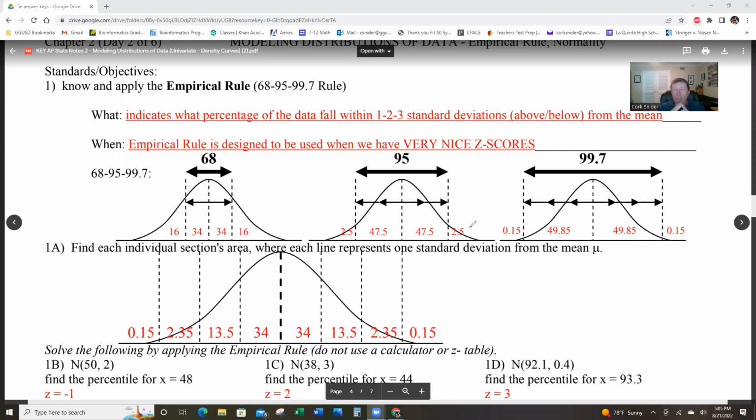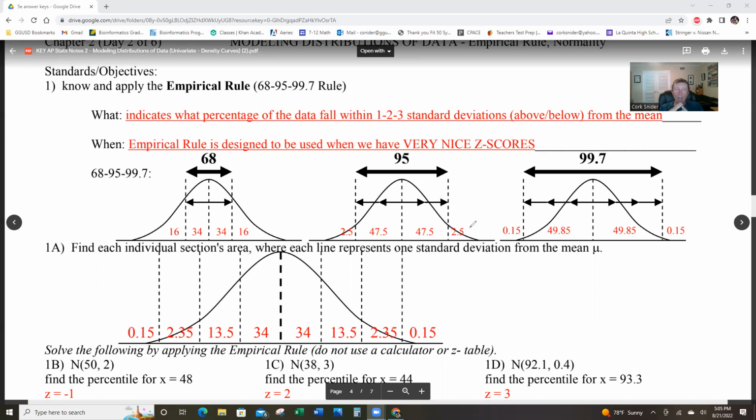The empirical rule is better known as the 68, 95, 99.7 rule. And it's for really nice z-scores of 0, 1, 2, 3, or -1, -2, -3. Z-scores above the mean are positive, below the mean are negative.